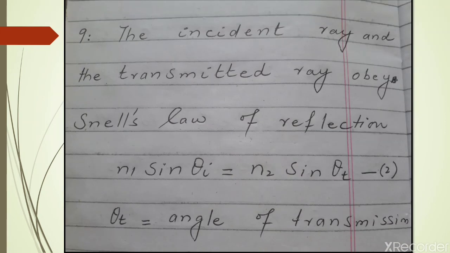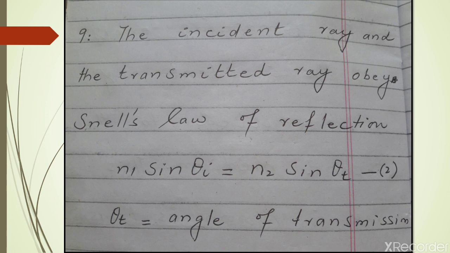The incident ray and the transmitted ray obey Snell's law, which is shown in equation number 2. In equation number 2, n1 into sine of theta I is always equal to n2 into sine of theta t.